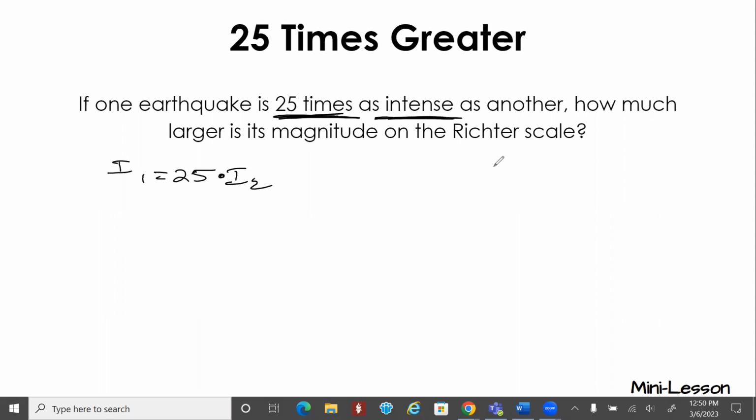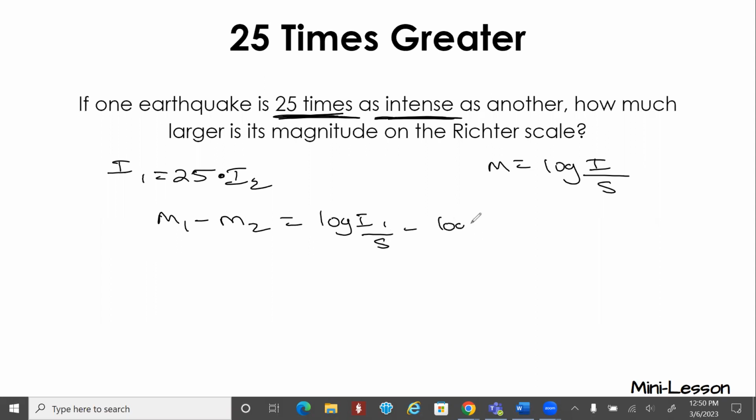Okay, we already know from our previous examples that this is our formula. So now we're going to use M sub 1 minus M sub 2 is equal to log of I sub 1 divided by S minus log of I sub 2 divided by S.